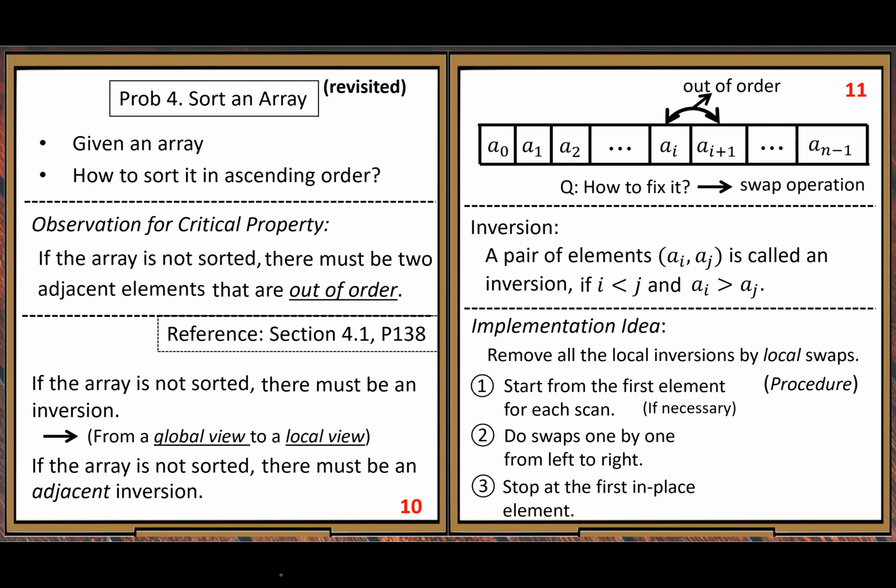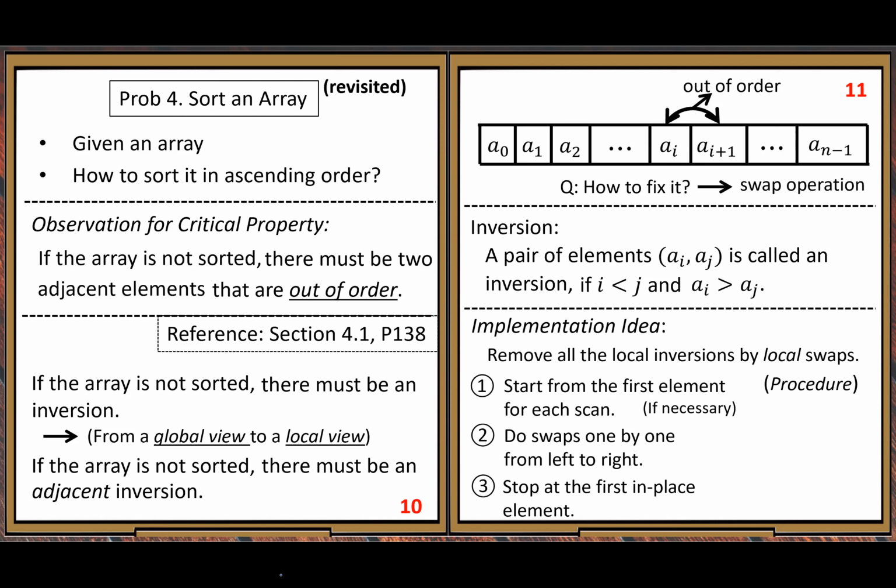Because when you have the largest element in the array, every time you compare two adjacent elements, this largest element will cause an inversion, so you need to swap it. After the swap operation, you still need to compare that largest element with the next element.